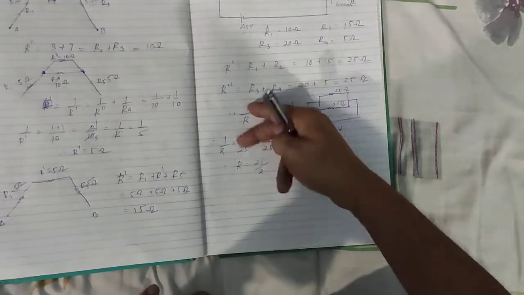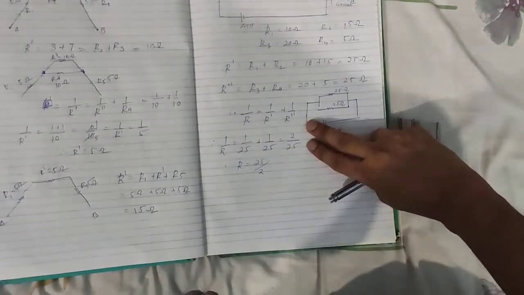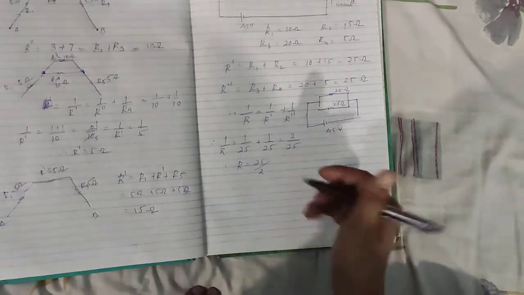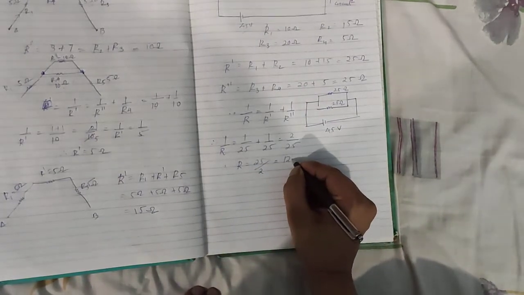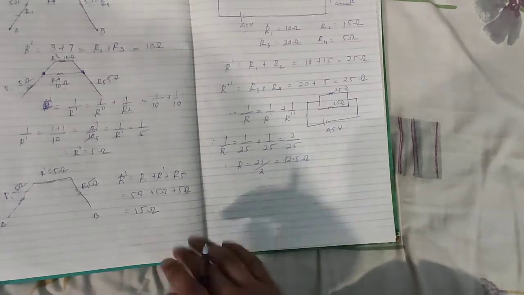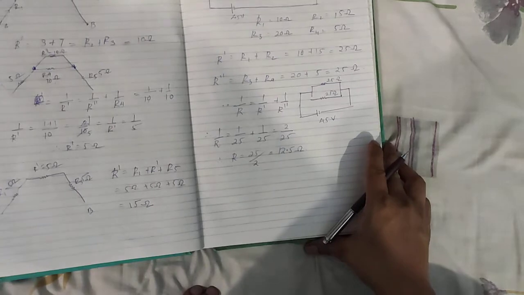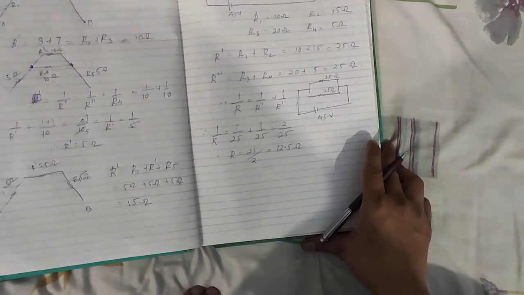In the same way, 2 upon 25 we are also doing reciprocal. So R becomes 25 upon 2, and you get the final resistance as 12.5 ohms. So the total resistance that you get is 12.5 ohms. Is it clear?